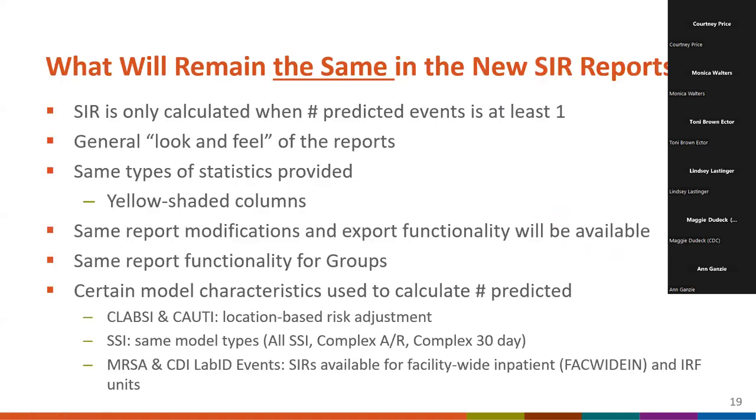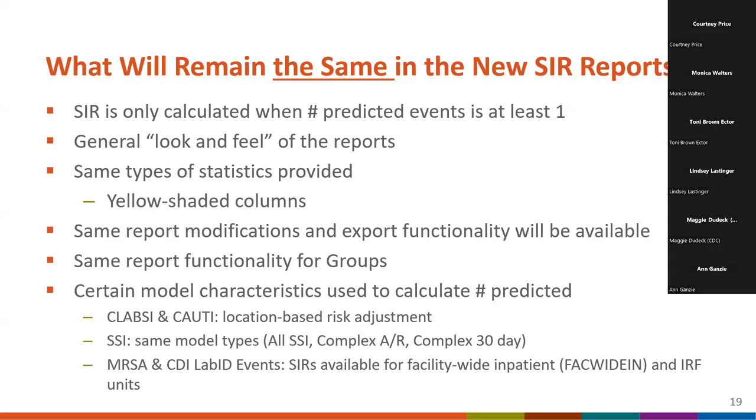Okay, so once these new reports on the 2022 baseline are created, here is a list of everything that you will see in those reports that you are actually already familiar with, because it is exactly the same as what you can find in our current 2015 baseline reports. The first item here is that the SIR is only calculated when the number of predicted events is at least 1.